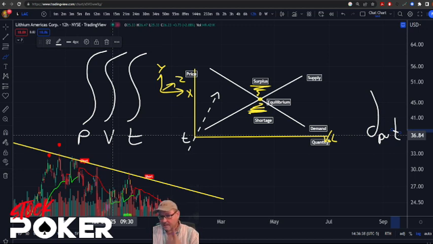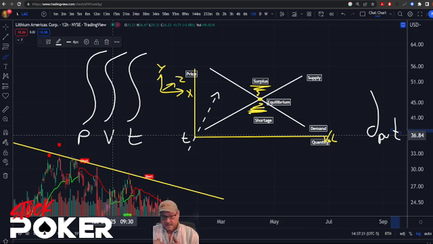And if you can find a divergence in confluence with your indicators, or with a harmonic pattern, if you can envision this very complex equation, sometimes that equilibrium point likes to move like a bat. Sometimes it likes to move like a Gartley. Sometimes it likes to move like a shark.